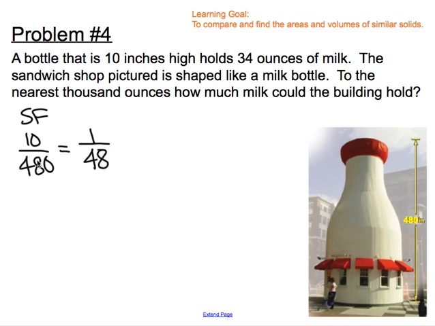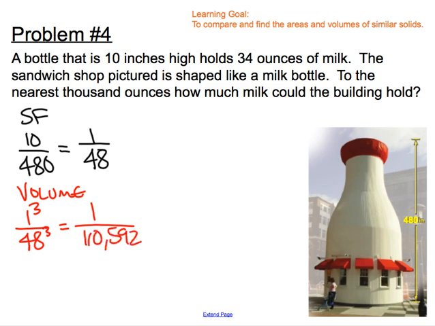Now the scale factor doesn't tell us anything about capacity, but the volume does. So let's cube both of these: 1 cubed and 48 cubed. 1 times 1 times 1 is 1, while 48 cubed is 110,592.